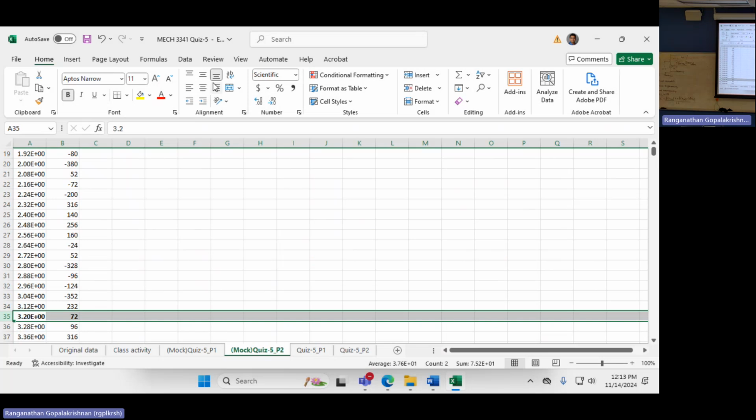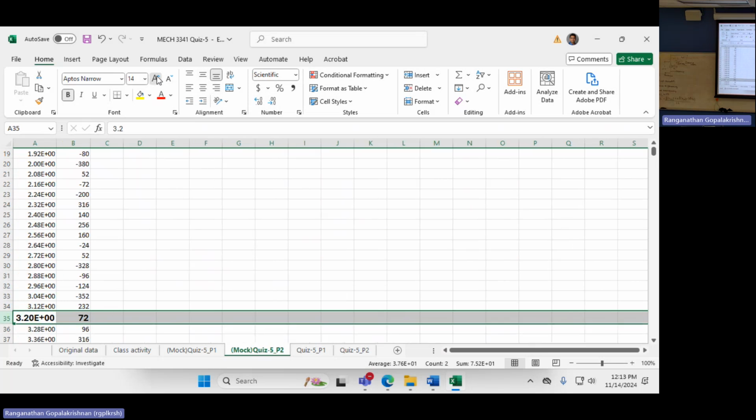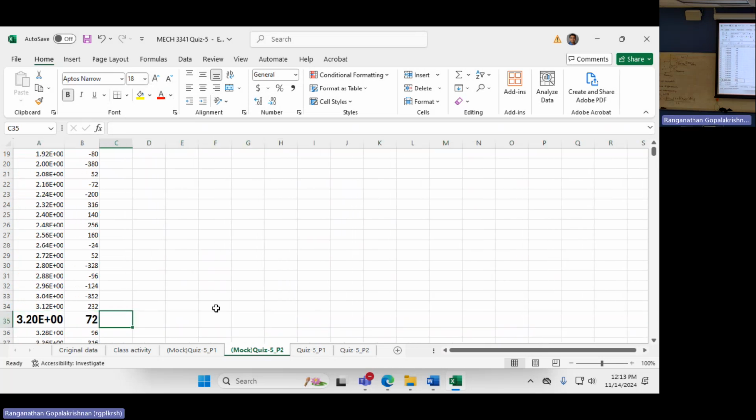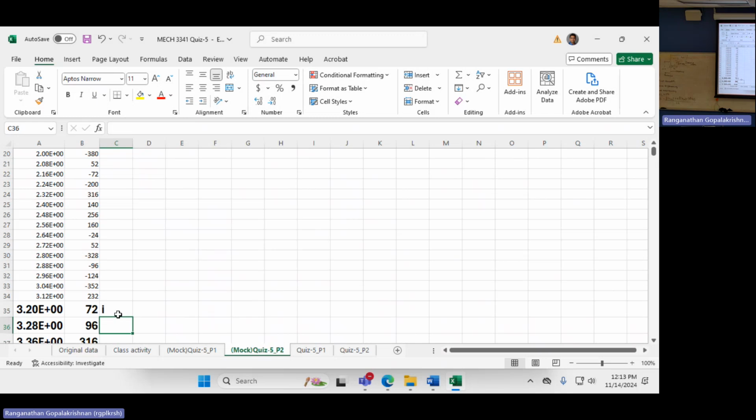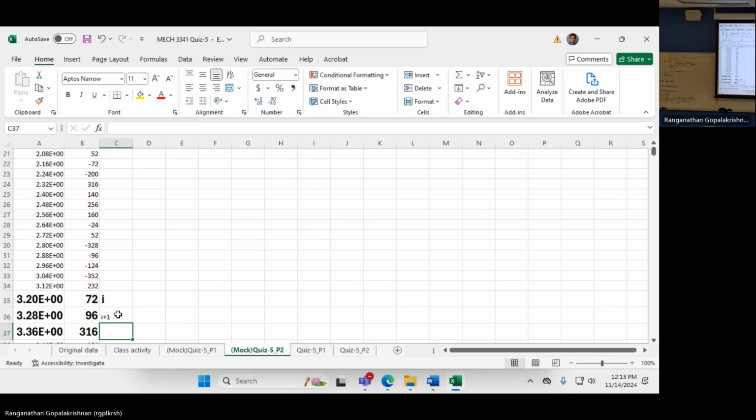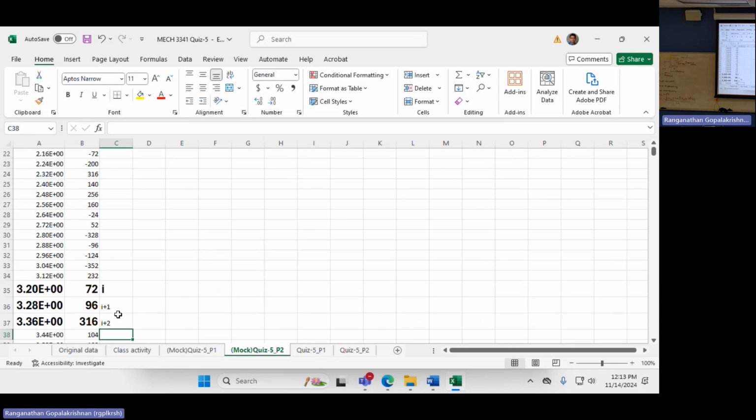We'll make it bigger and call it i, which means the next 2 points are of interest to us. They'll be i plus 1 and i plus 2. Yes, question? No?